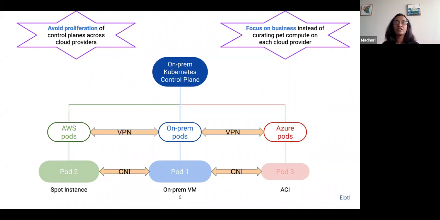Like, for example, what is the cheapest cloud provider at the moment for running my GPU workloads? You can express these SLAs as node constraints via the Kubernetes control plane, and that will drive the dispatching of the pods to the worker nodes that are associated with each cloud provider. That's a very compelling use case for Nodeless, because being able to switch between various cloud providers via a single control plane in a programmatic, policy-driven way is super useful to enable you to focus on your business instead of curating pet compute on each cloud provider.